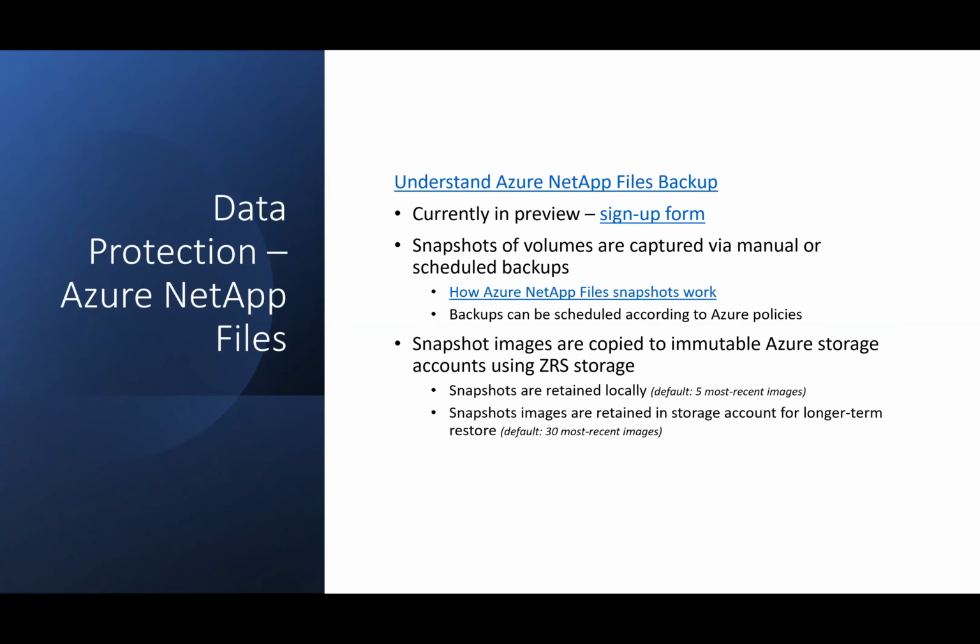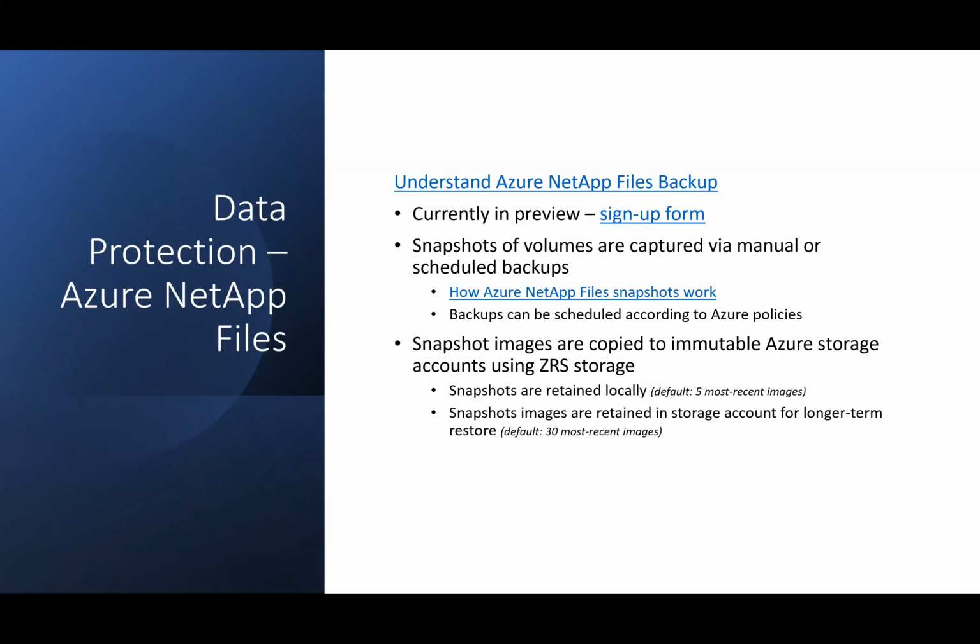Okay. For Azure NetApp Files, to use ANF Backup, it's currently in preview. So there's a link to the sign up form there to look at the preview product. The snapshots of the volumes are captured either manually or scheduled. And basically there's enough information here for you to get started with that as well.